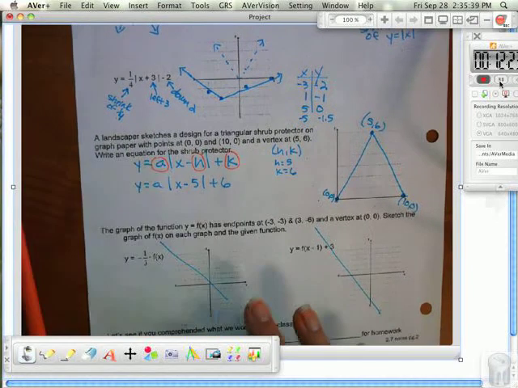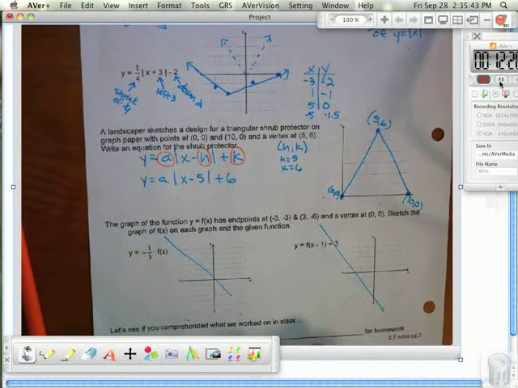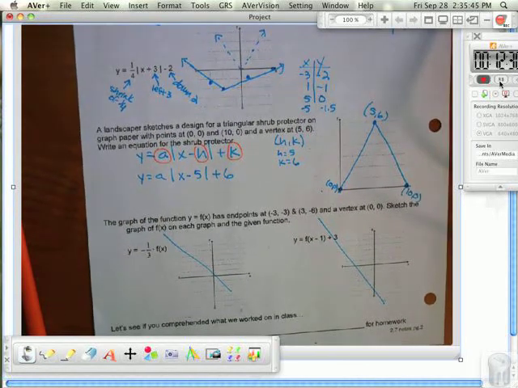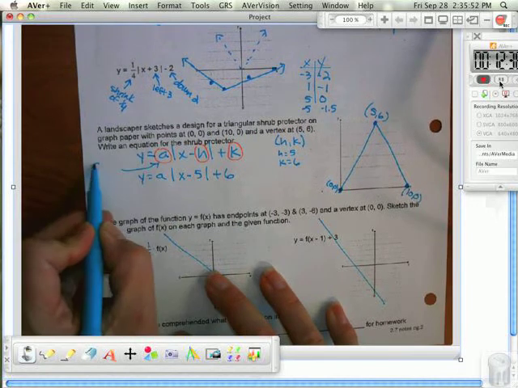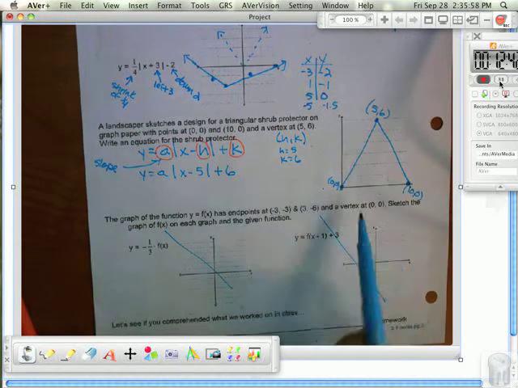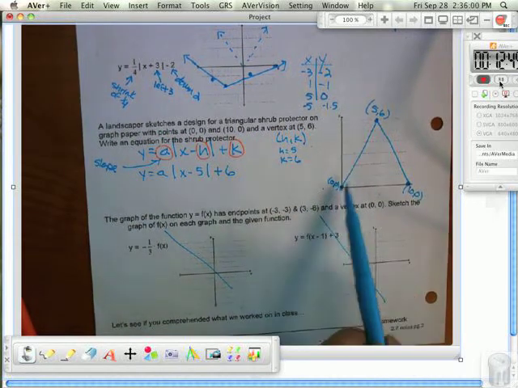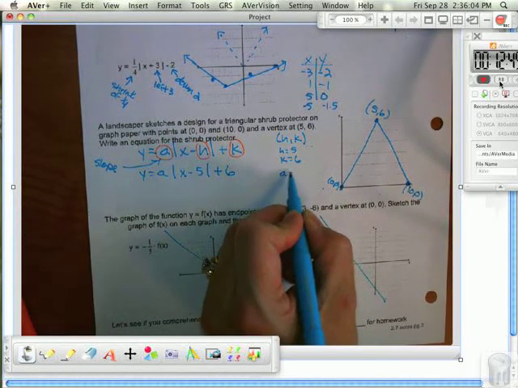Can you plug in X and Y? We don't need to. It's an easier way. You could. A is actually just the slope. It's the slope. Okay? There's just one trick you got to think of. So the slope here, if I do 6 minus 0 divided by 5 minus 0, I get 6/5 for the slope, right?